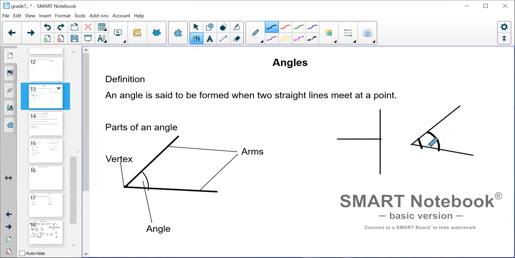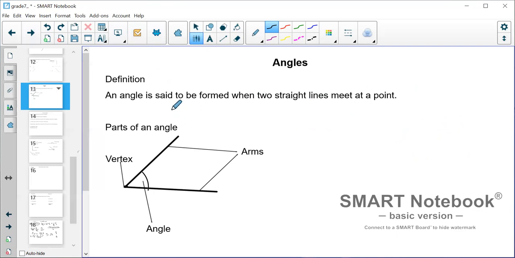So we can have a reflex angle as well as an acute angle being formed when those two straight lines meet at a point. All right, so what we normally do, we use an arc to indicate where the angle is, whether it's on the inside or the outside, right? Whichever one we are placing emphasis on. So that is just to give you brief information in relation to what an angle is.